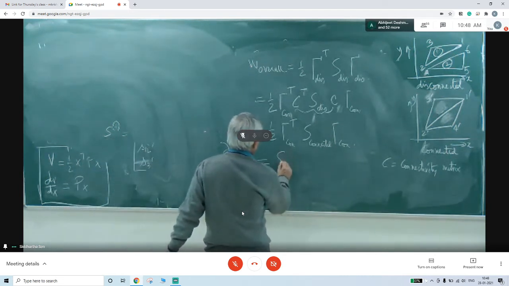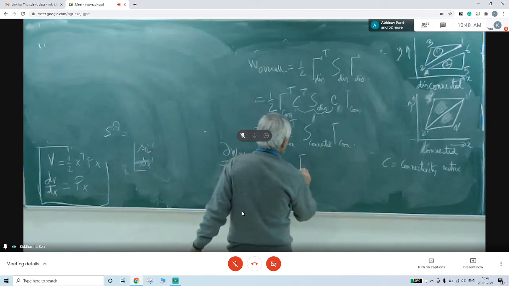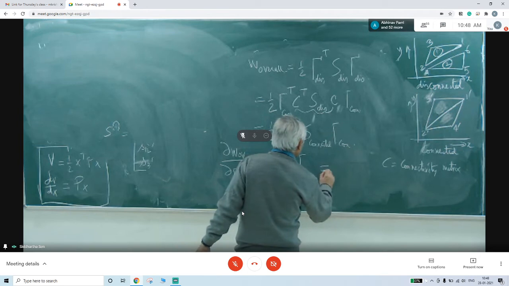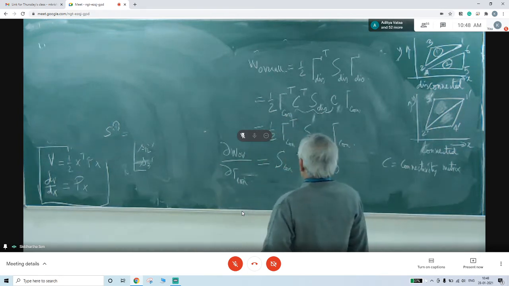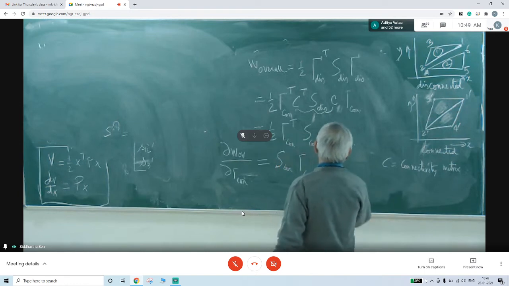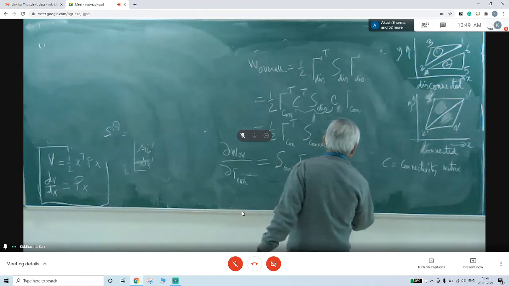Fine. This has to be equal to 0, because we are applying this overall minimum energy principle. So that means this has to be minimum.